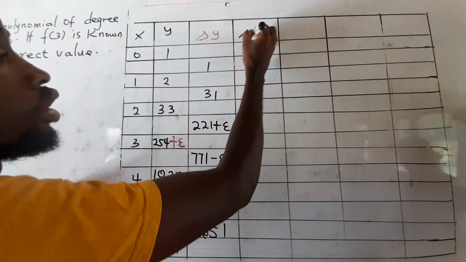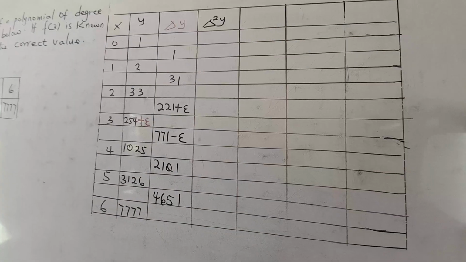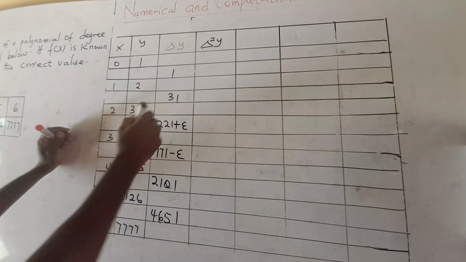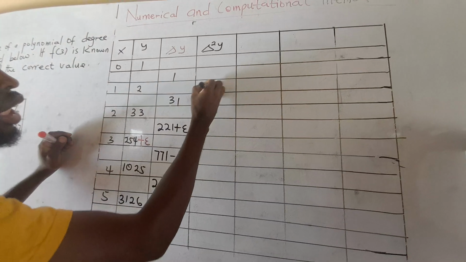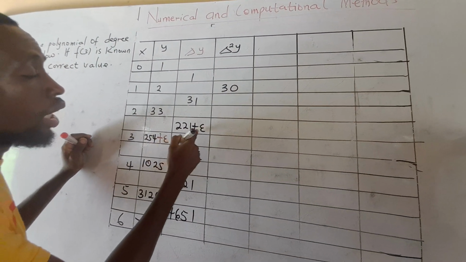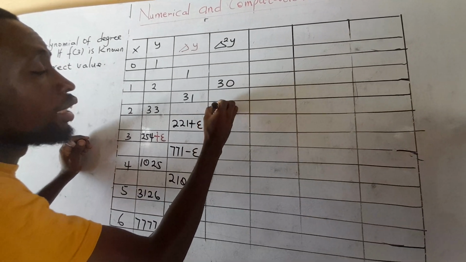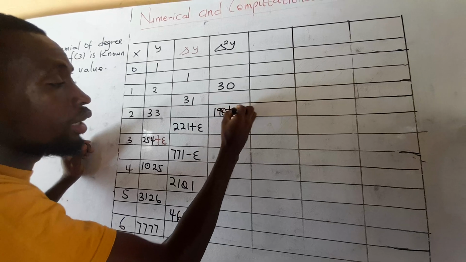Now we find the second difference, which is del square of y. 31 minus 1 will be 30. Then 221 plus error minus 31 will give me 190 plus error.